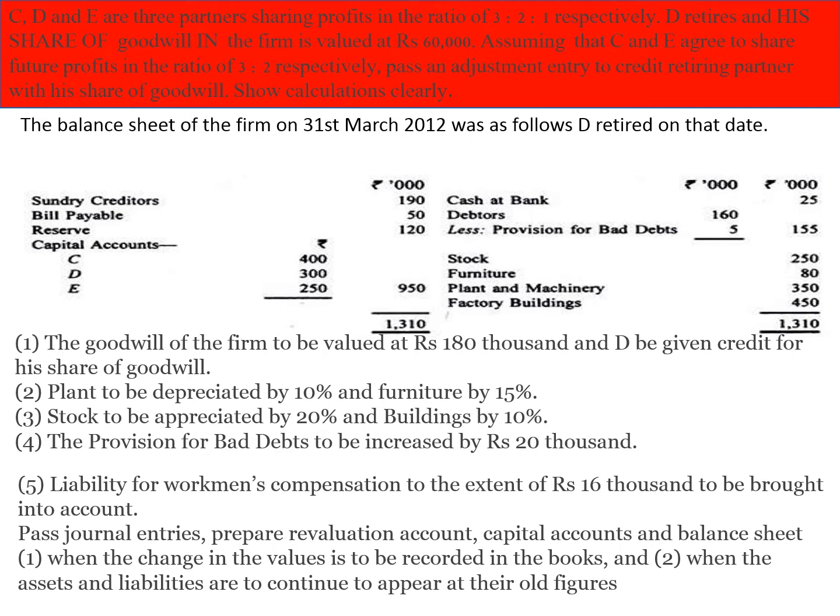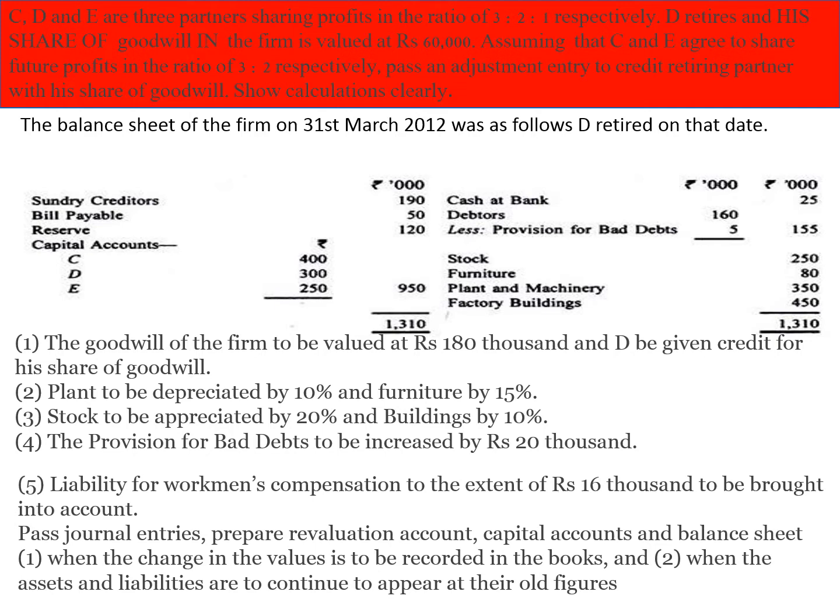Plant to be depreciated by 10% and furniture by 15%. If you see carefully, plant and machinery is 3,50,000, so we have to depreciate it by 10%.